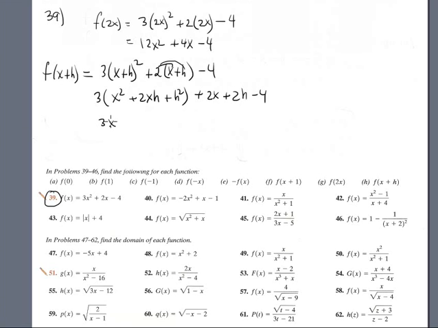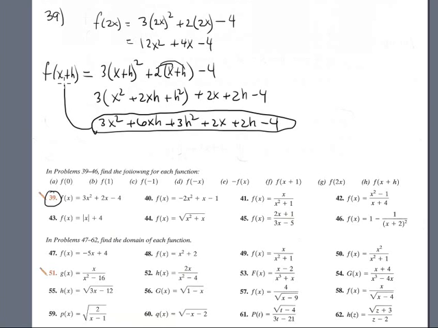Multiplication: 3x squared plus 6xh plus 3h squared plus 2x plus 2h minus 4. And this is the answer for this. Okay, that was 39.